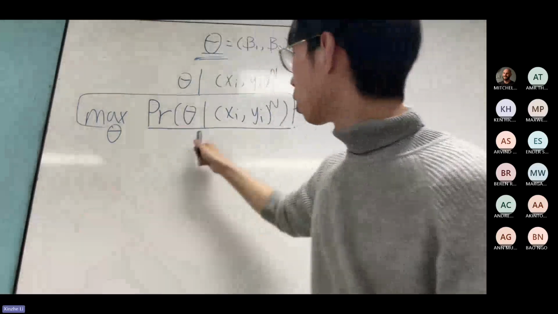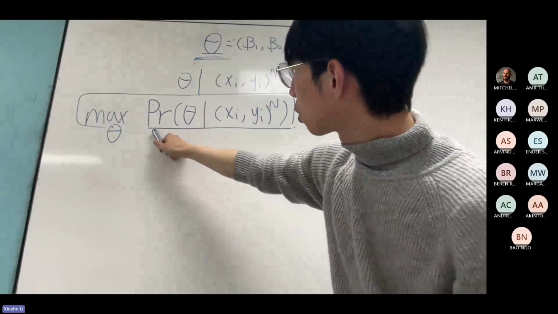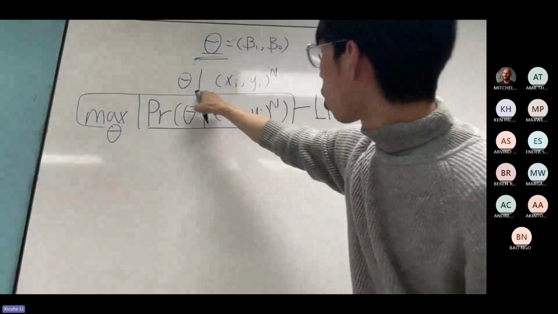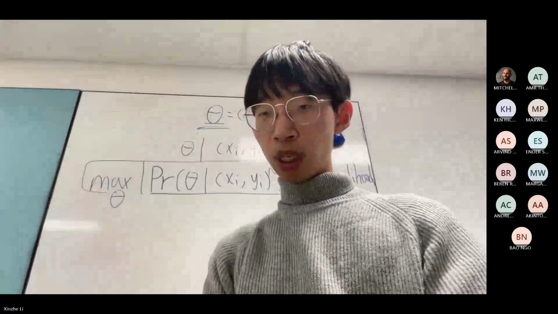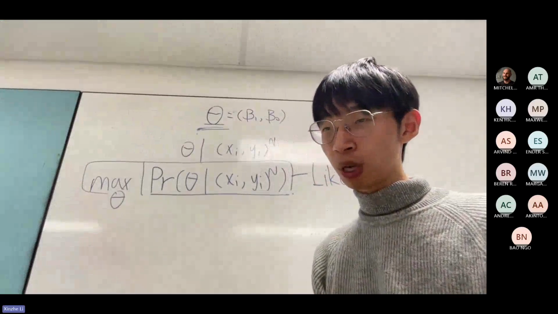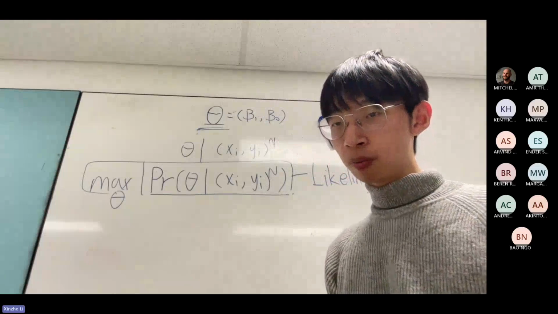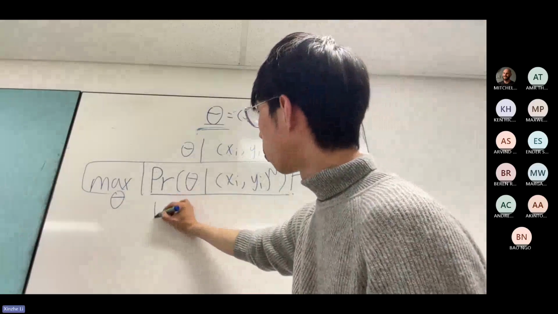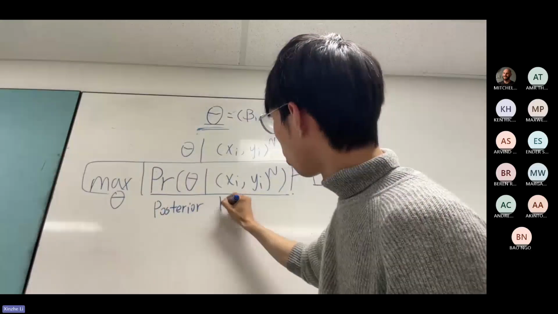Can anyone tell me what the likelihood is? What's the relation between these probabilities and the likelihood? If you did some research and pre-learning before, do you remember? This is normally called the posterior probability.